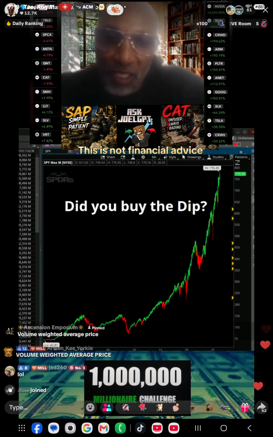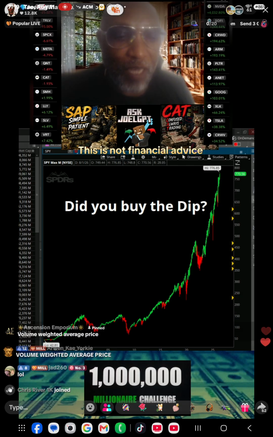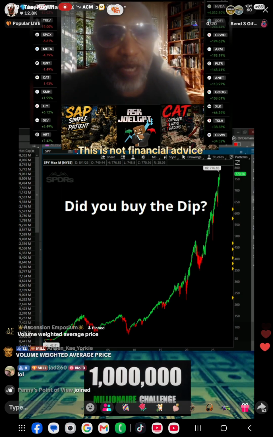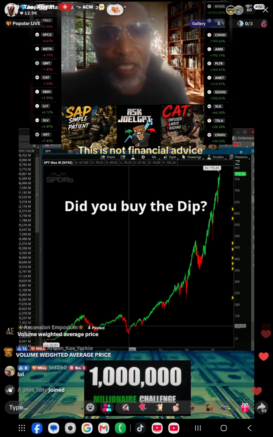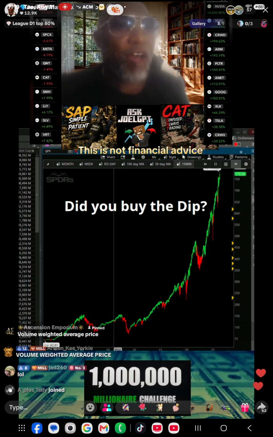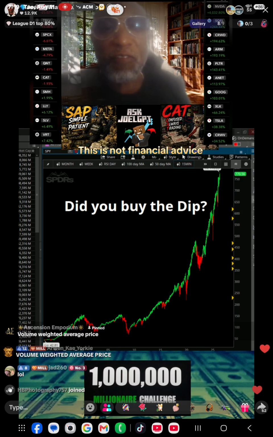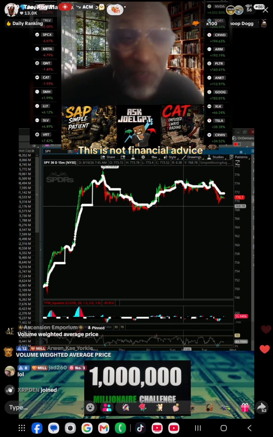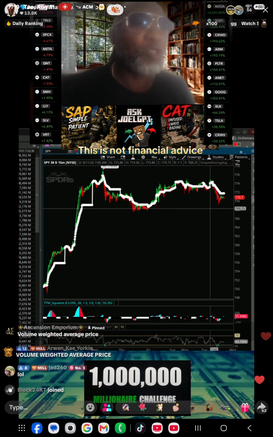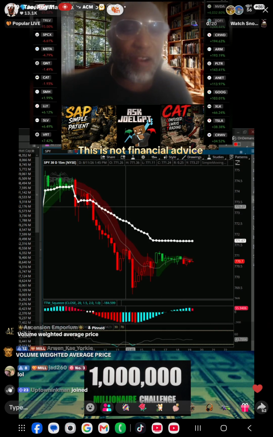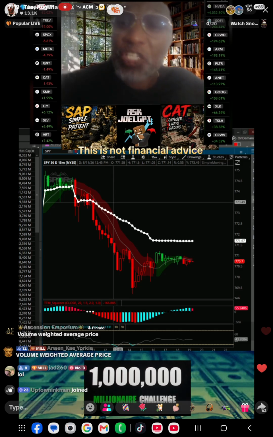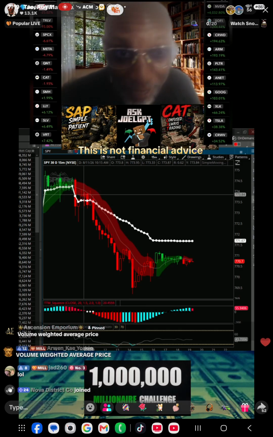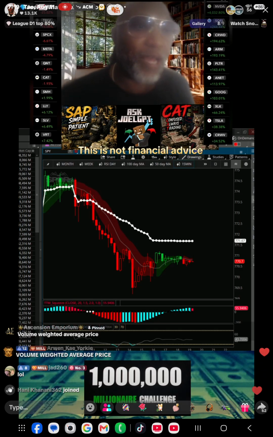The line that you're going to see on your screen. So for example, let's say we were trading the SPYs today. Watch this, guys. If I was trading the SPYs, even if I traded on the 15-minute chart, and I don't even use the 15-minute chart, what direction is this VWAP, this white line? What direction is it angled, guys?